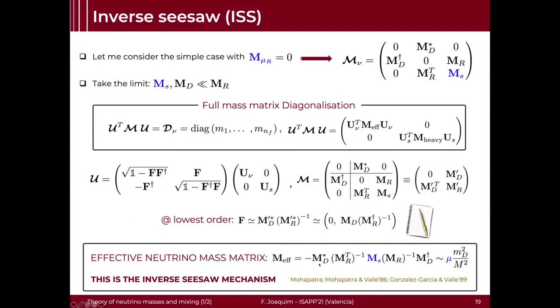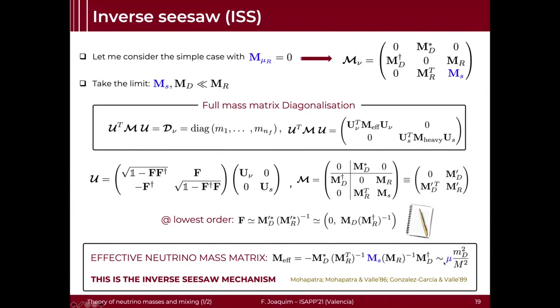So you see M_D M_R^-1 M_S M_R^-1 M_D, which roughly goes with mu M_D squared over M squared, where mu represents this new mass scale here. This is called the inverse seesaw mechanism. Now, why is this appealing?